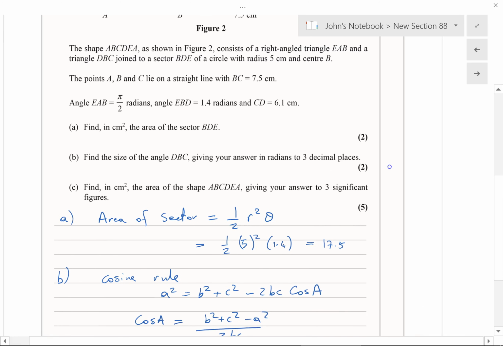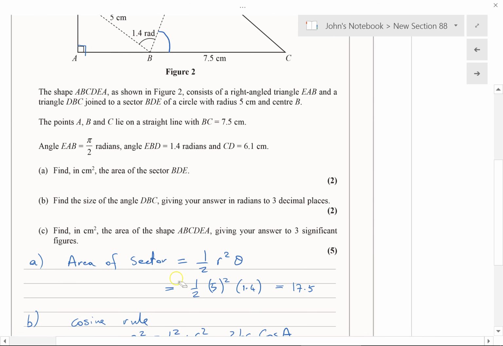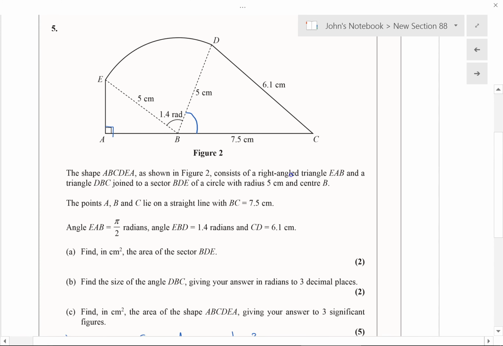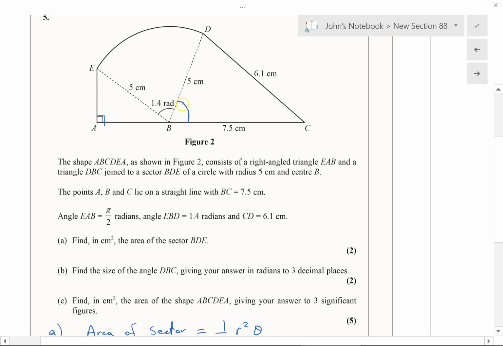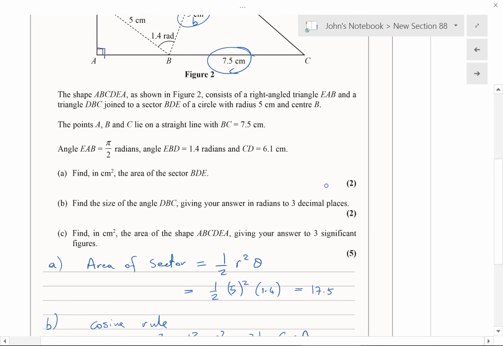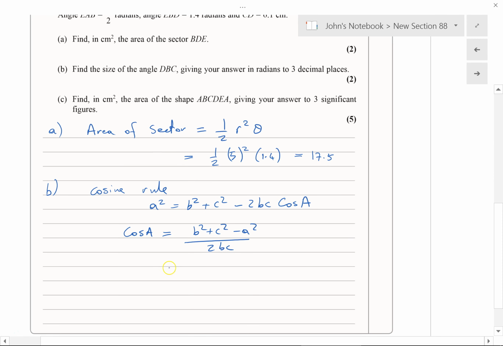Right, what does all this mean? If we go back to our diagram, the two sides adjacent to this angle are going to be b and c, and the side opposite is going to be 6.1, because we're going to call that angle A as far as the formula is concerned. So it's the two adjacent sides we want.